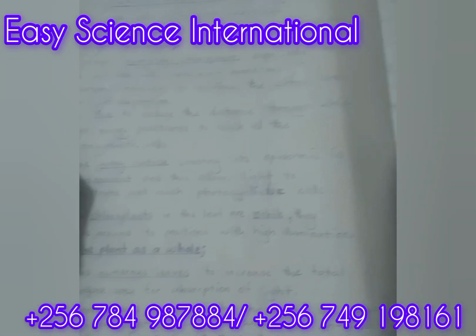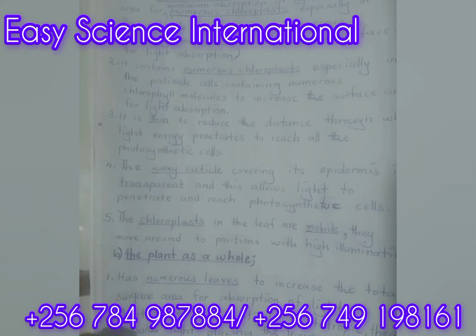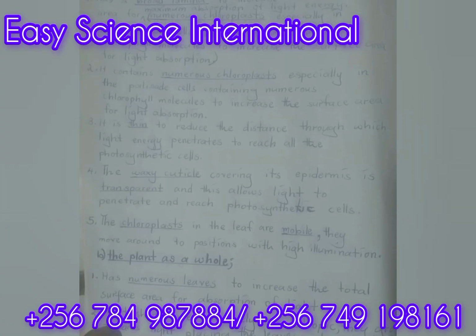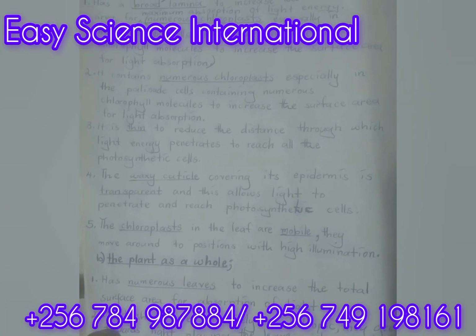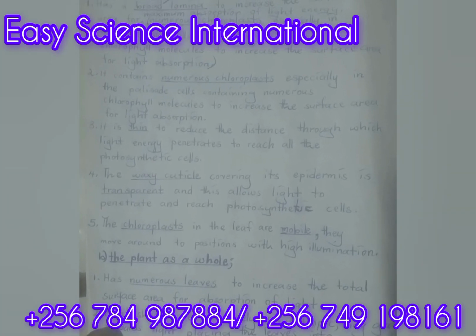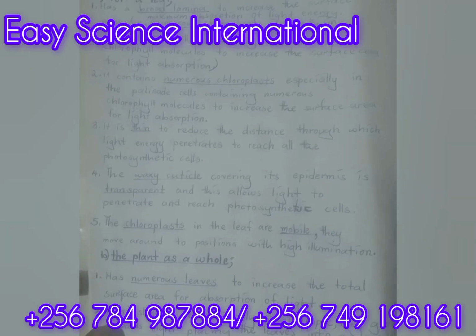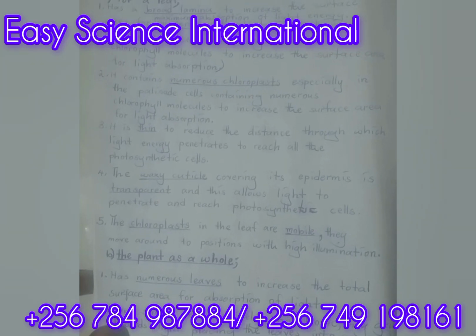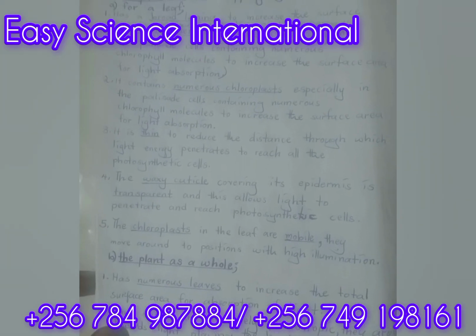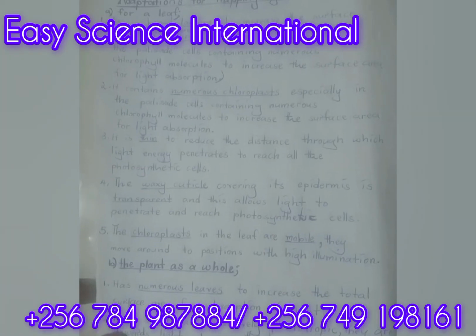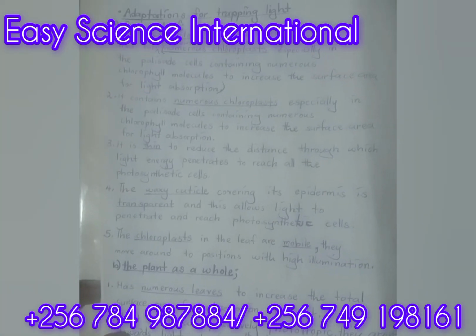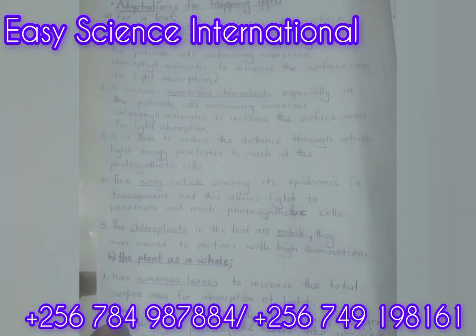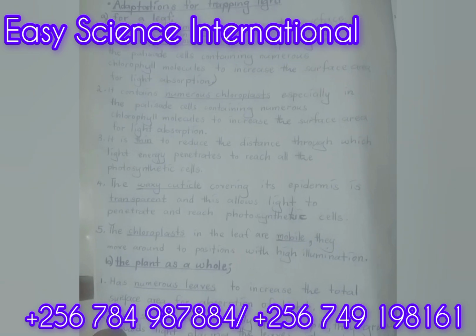Secondly, it contains numerous chloroplasts, especially in the palisade cells, containing numerous chlorophyll molecules to increase the surface area for light absorption. We saw in the other structure in the first tutorial that these chloroplasts are found in the palisade mesophyll layer, and they are very many.